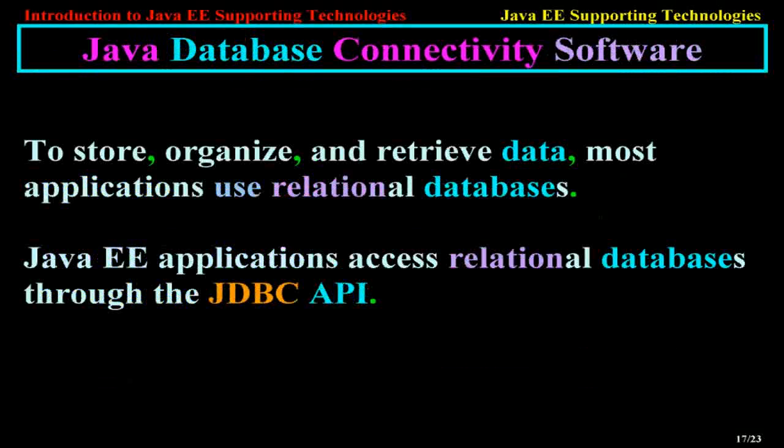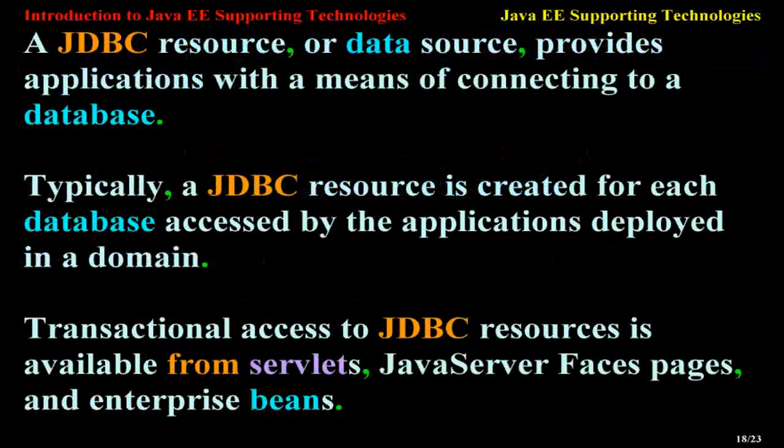Java Database Connectivity Software. To store, organize, and retrieve data, most applications use relational databases. Java EE applications access relational databases through the JDBC API. A JDBC resource, or data source, provides applications with a means of connecting to a database.